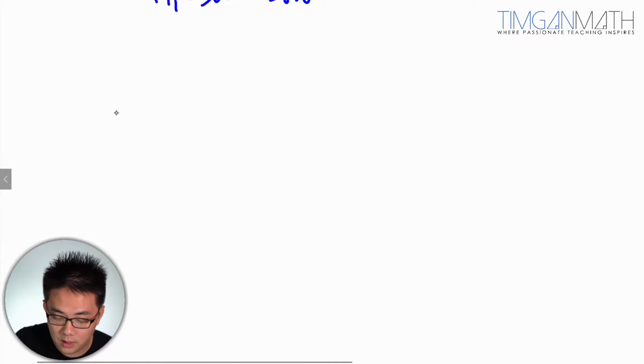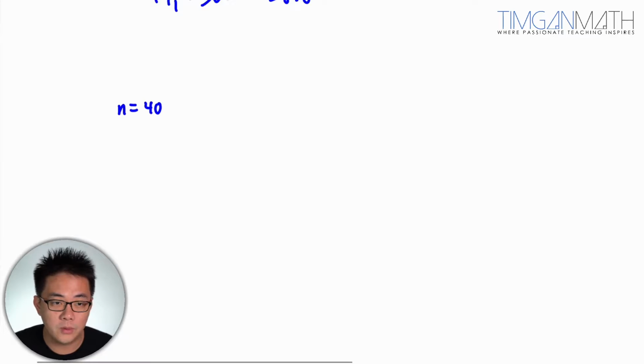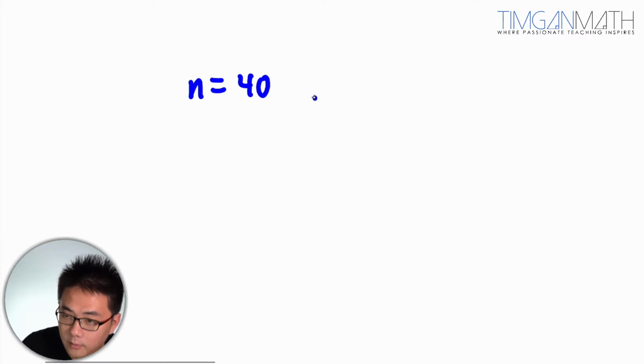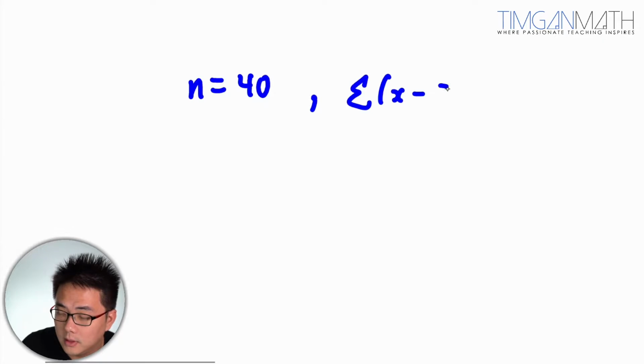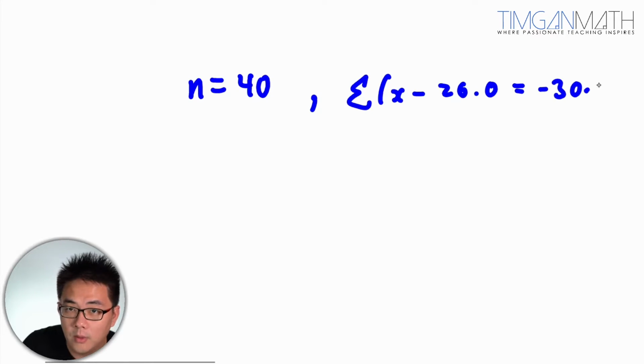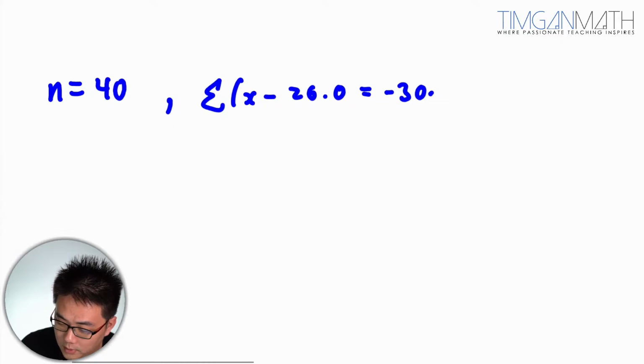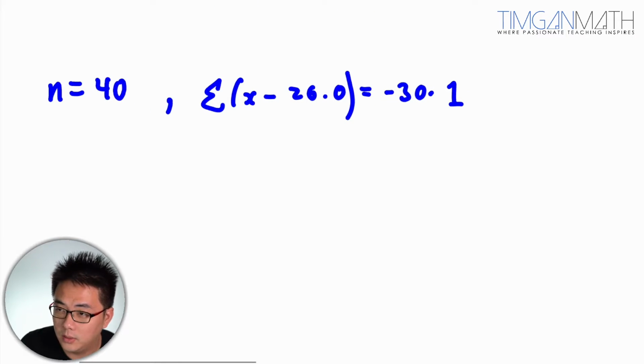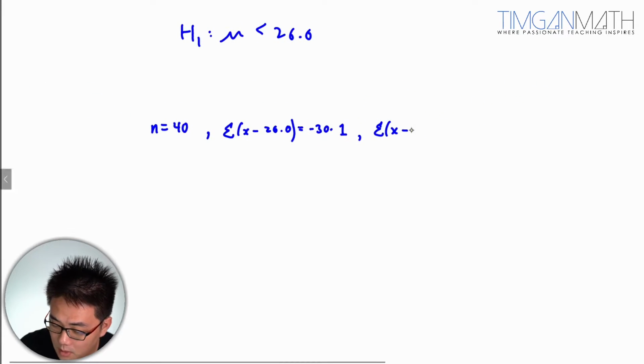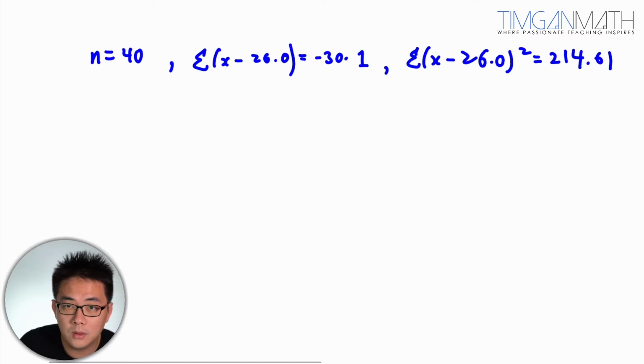So n is equal to 40, and the summation of x minus 26.0 equals negative 30.1. Also the summation of x minus 26.0 squared is 214.61. Now we just find the x bar. If you're confused, we can expand this out: summation of x minus summation of 26.